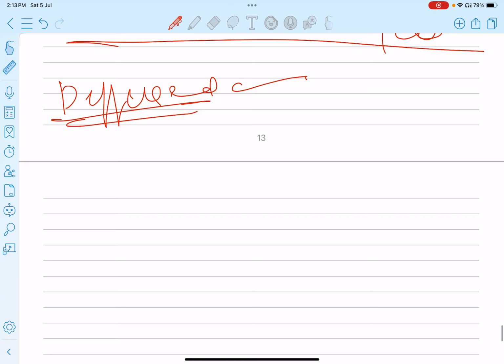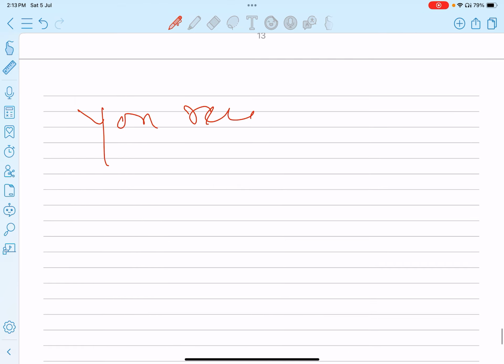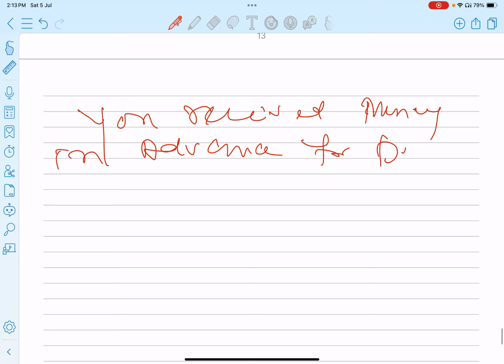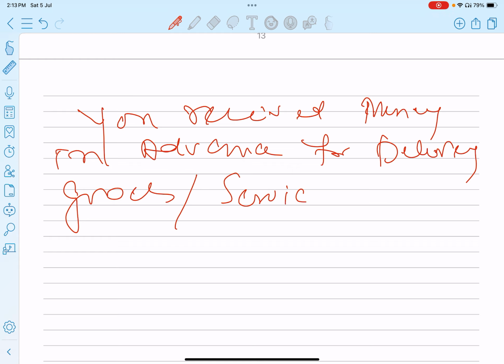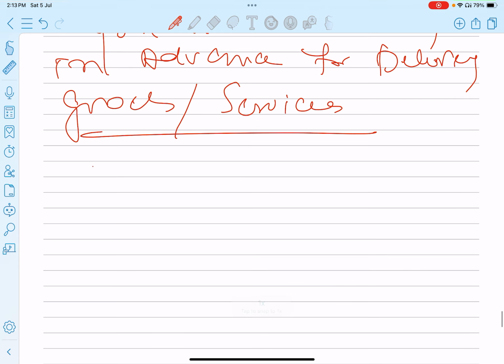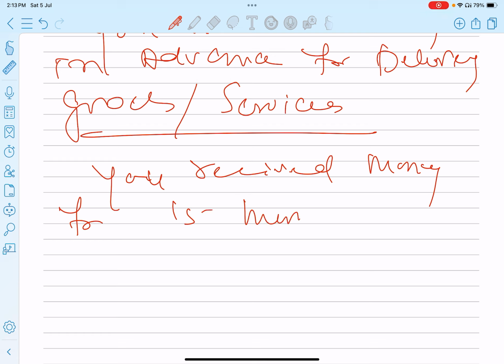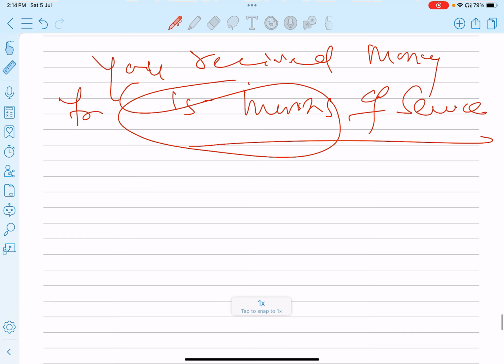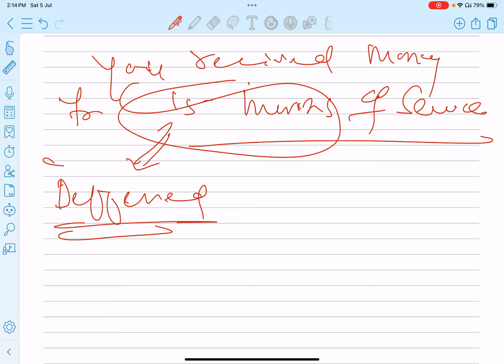Now coming to the deferred. So in the deferred, you received money in advance for delivering goods or services. You received money for 15 months of service. So 3 months we can defer. Okay.